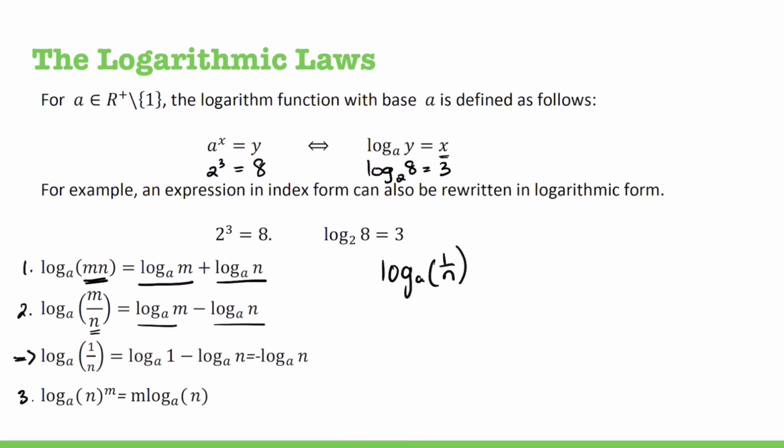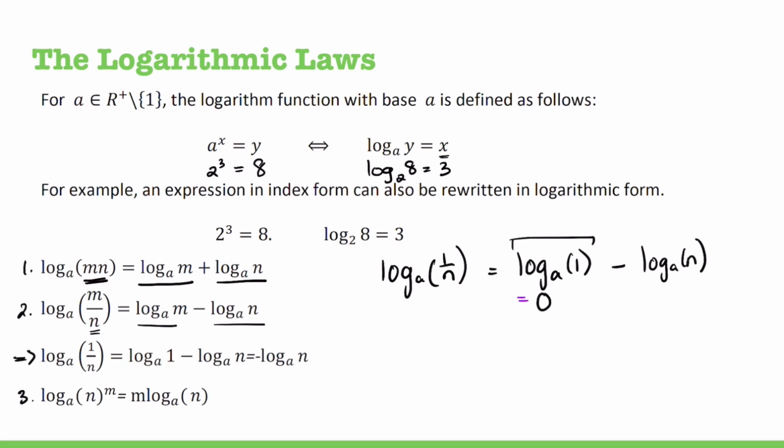Well, the first thing is that using law number 2, we can see that I would have log_a 1 minus log_a n. My question is, log_a 1, can I solve this because I have a number? Remember, your exponential is asking the question, a to the power of what gives me 1? That's the answer to this. Well, we know that anything to the power of 0 will always result in an answer of 1. So log_a 1 is equal to 0.